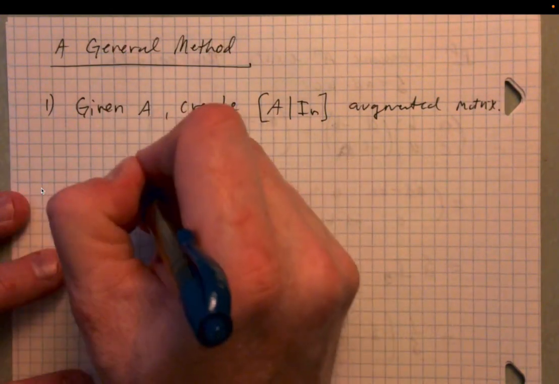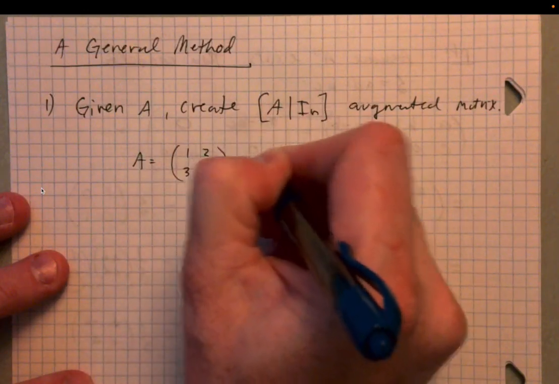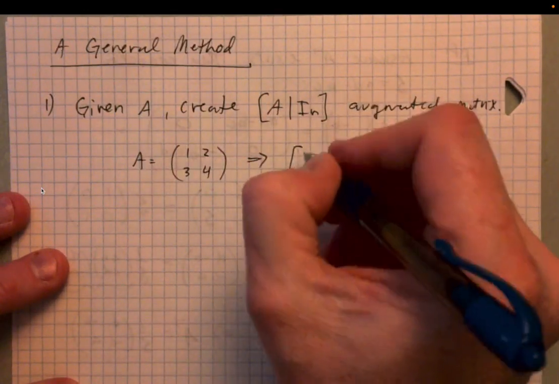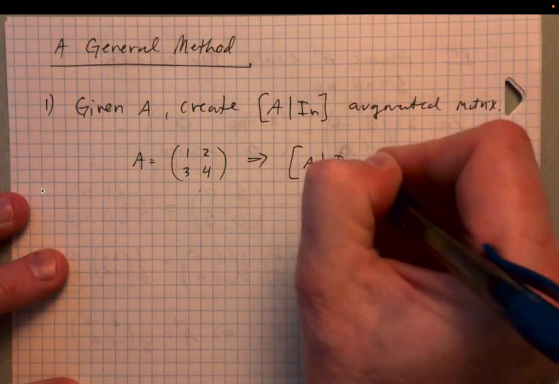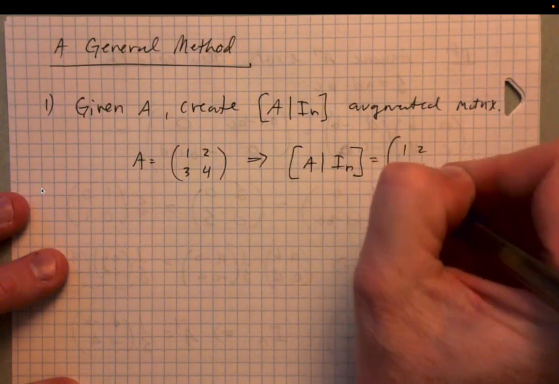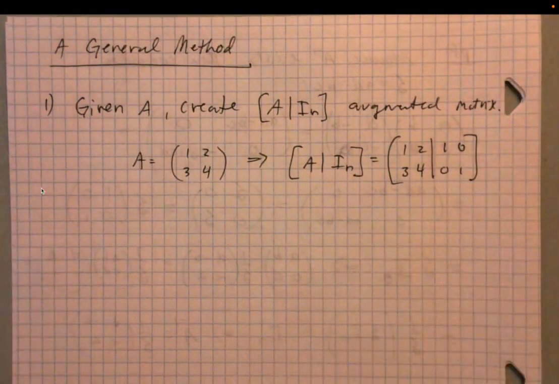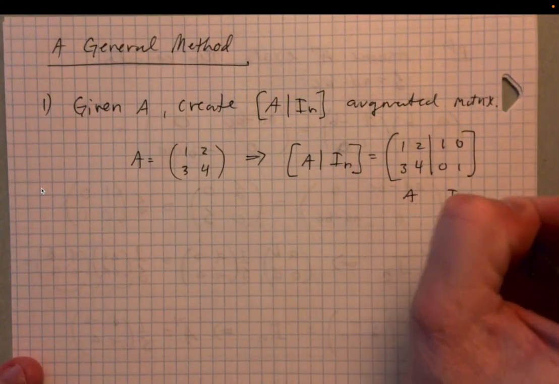So let's say A is equal to 1, 2, 3, 4. All right, then what I want to do is set up A identity as 1, 2, 3, 4, augmented with 1, 0, 0, 1 over here. Okay, so this is the A, and this is the identity.